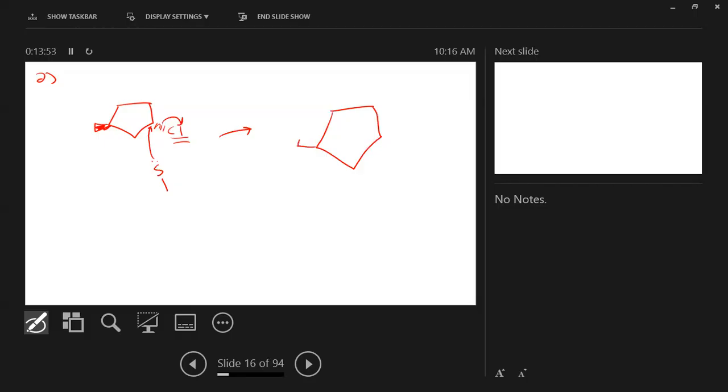We leave the configuration here. We're going to invert it here. So now it's going to be solid. We have this. Whereas it was an S, now it's going to be an R. So this is going to be R, and this is going to be S here.